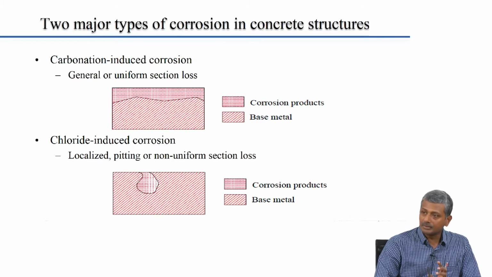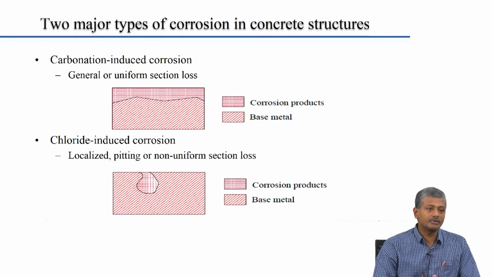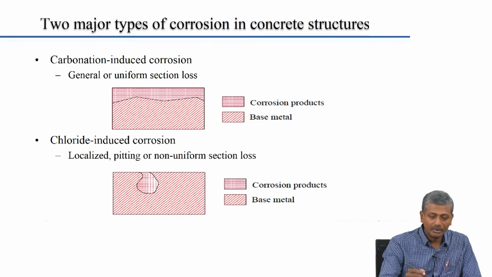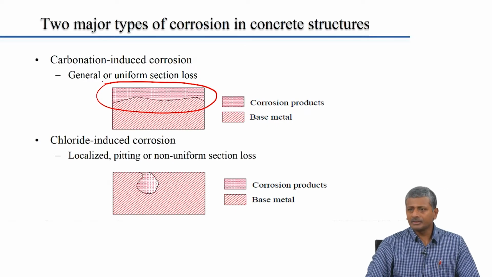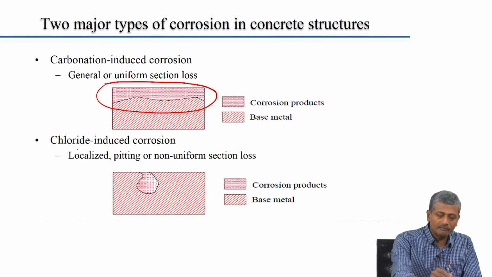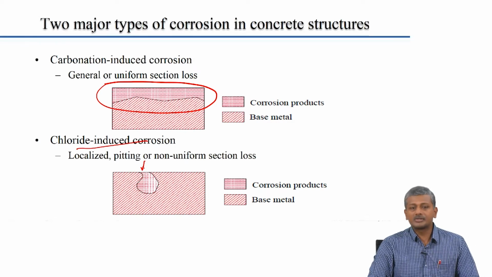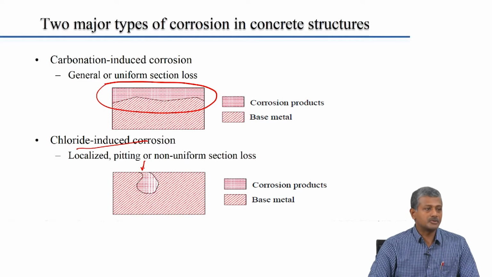Okay. But one thing you need to remember is when carbon dioxide related corrosion actually happens, you get a uniform section loss. That means you have a slow and steady loss of the steel cross section starting from the surface inwards. Whereas when you have chloride induced corrosion, there are local spots on the steel where the chloride concentration may exceed that of other spots on the steel, right.